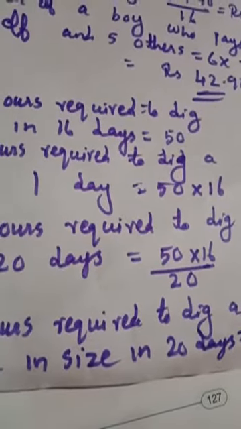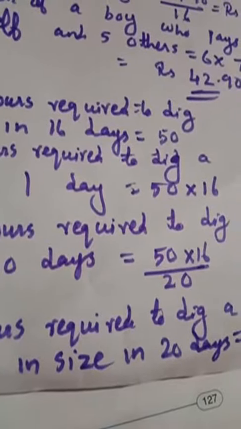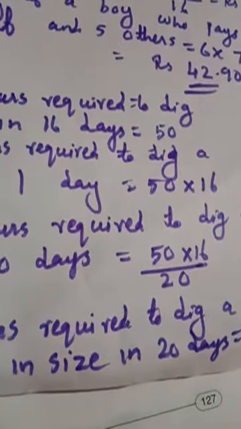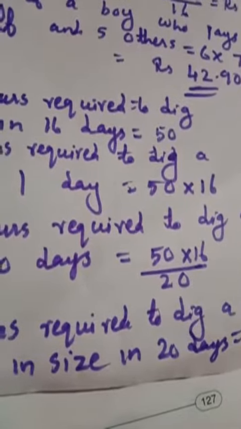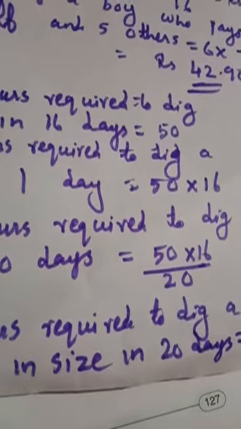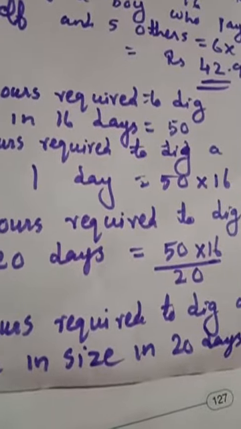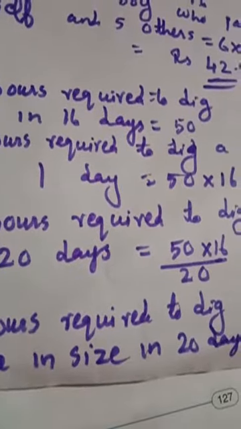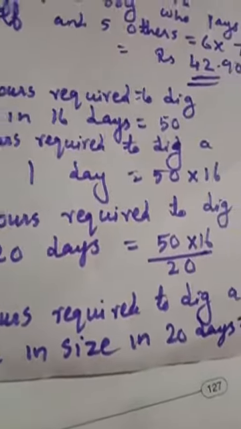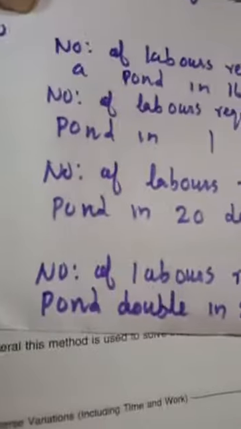By division. If it were direct variation, we would find 20 days by multiplication, just the opposite of the unitary method. This is inverse, so how to find 20 days' work? By division. 1 day, how to find? By multiplication.